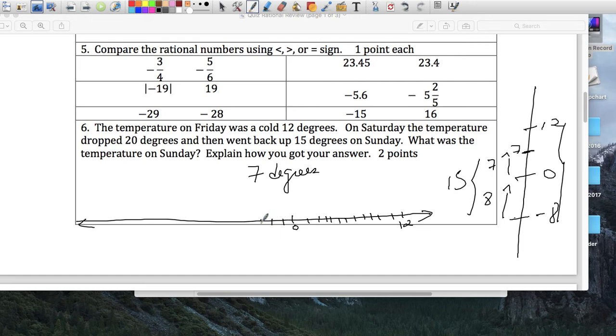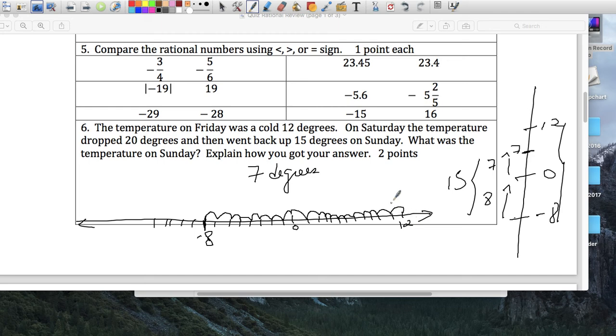You drop 20, so let's go 20. 1, 2, 3, 4, 5, 6, 7, 8, 9, 10, 11, 12, 13, 14, 15, 16, 17, 18, 19, 20. So this would be your drop. And that number would be, well, negative 1, negative 2, negative 3, negative 4, negative 5, negative 6, negative 7, negative 8. So that's your temperature on Saturday.